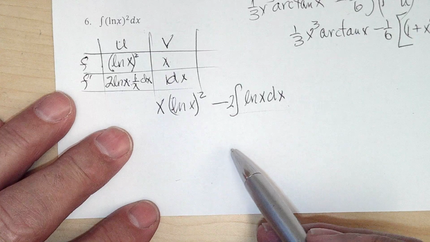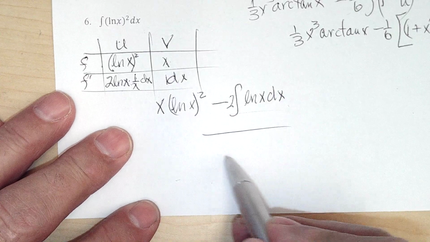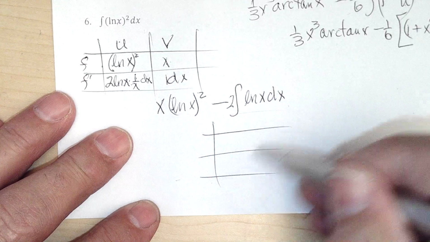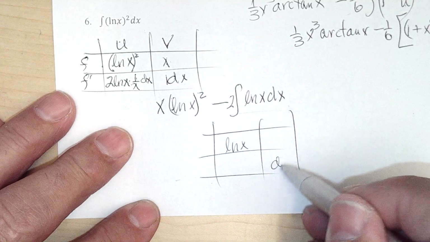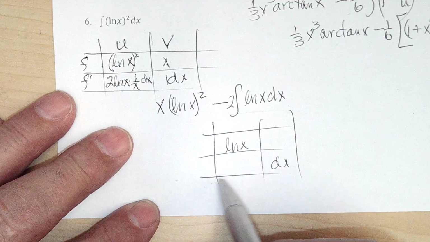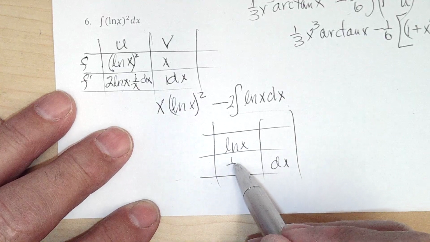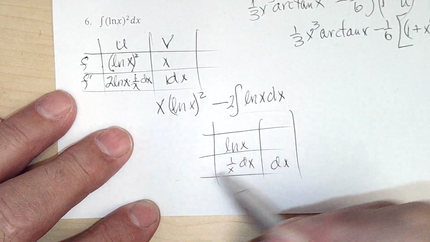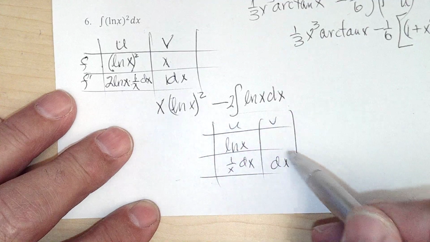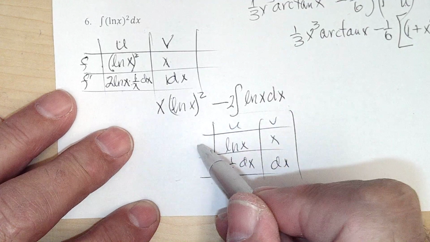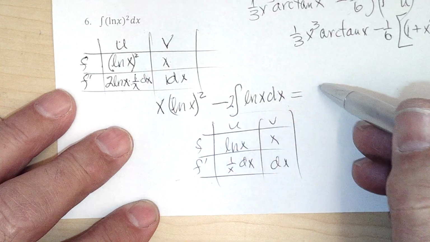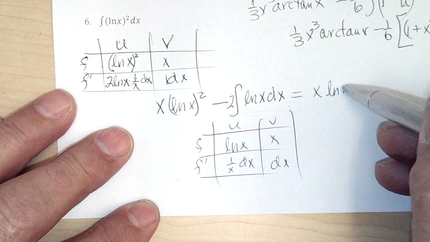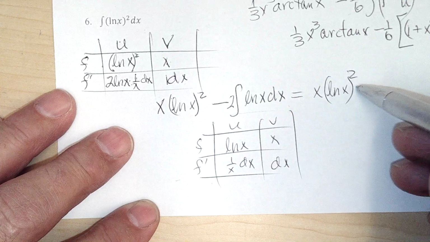In class, we let ln x go here and dx go here. And so this becomes 1 over x dx, and this became x. And so we got x ln of x squared minus 2.